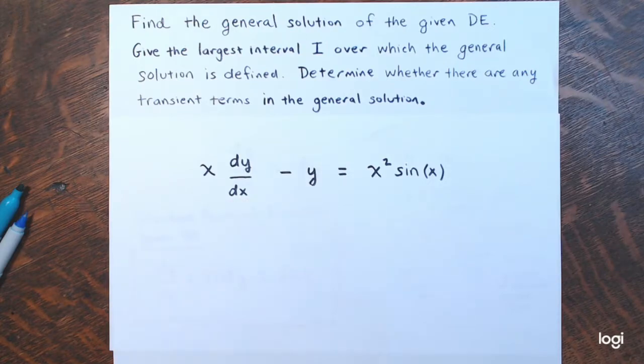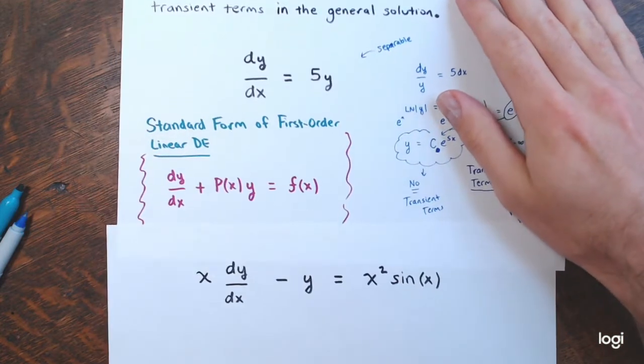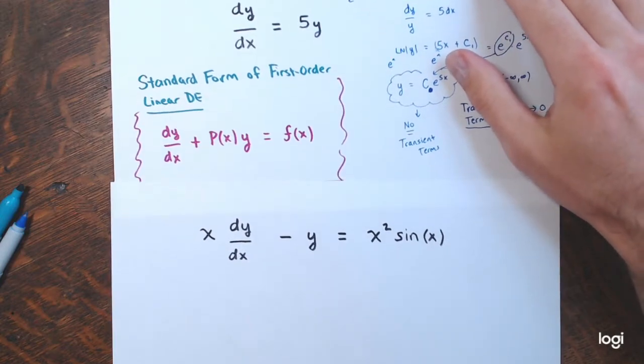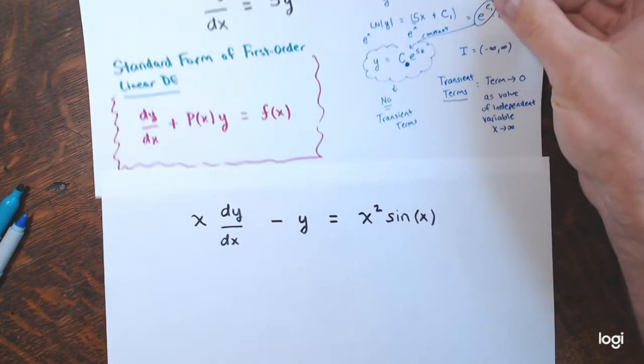Okay. So again, let me pull up what that standard form was. It's right here. So here was the standard form. Let me get that differential equation out of the way.